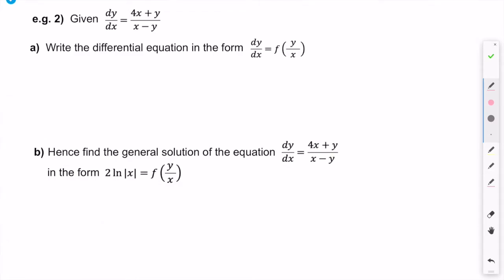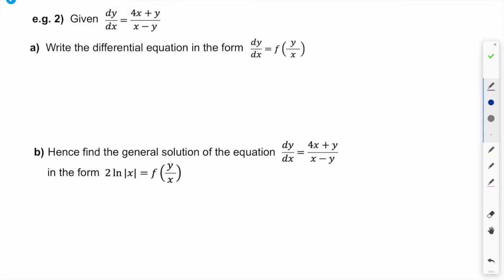Now let's take a look at example 2. Here we have dy by dx equals 4x plus y over x minus y. We want to write this equation in the form of dy by dx equals f of y over x. So notice how we have the y terms as the second term in both the numerator and the denominator.